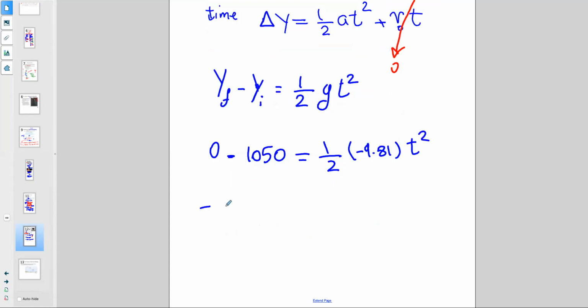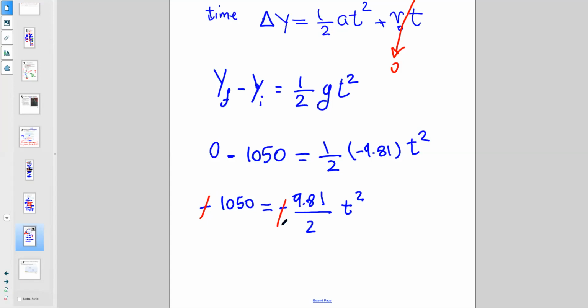So you have negative 1,050 meters above. You have negative 9.81 over 2 times t squared, okay? So this negative and this negative will go away.